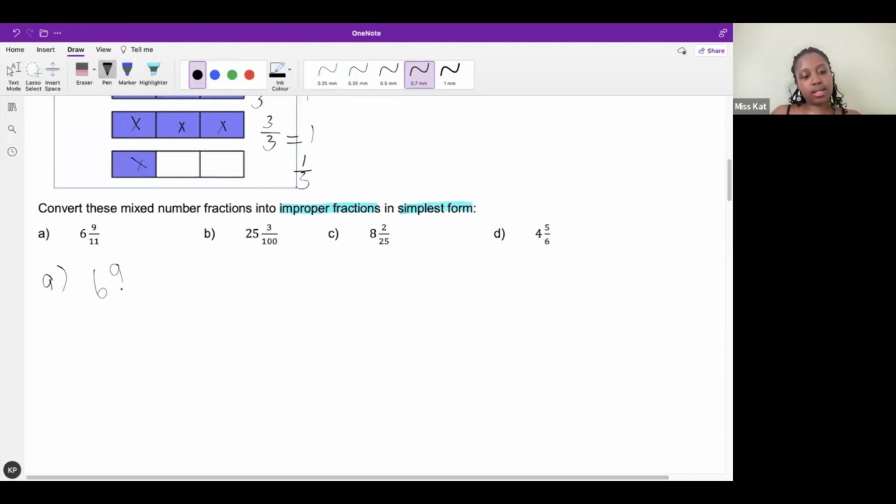6 and 9/11. So again, at the bottom I times and at the top I add. So what is 6 and 9/11 as an improper fraction? 11 times 6 is what? We should know this off the top of our head. We shouldn't need a calculator.